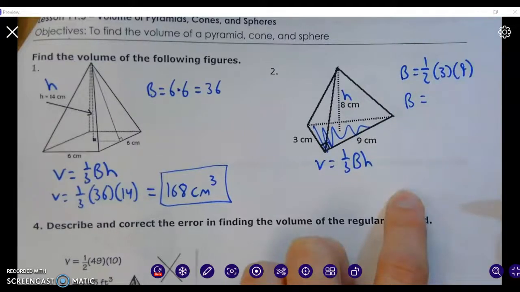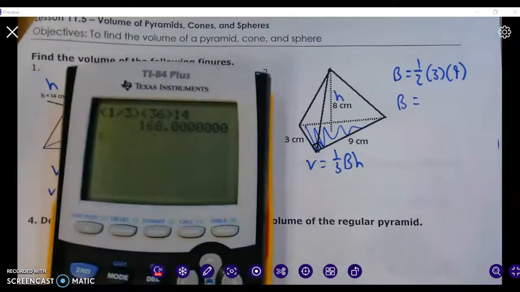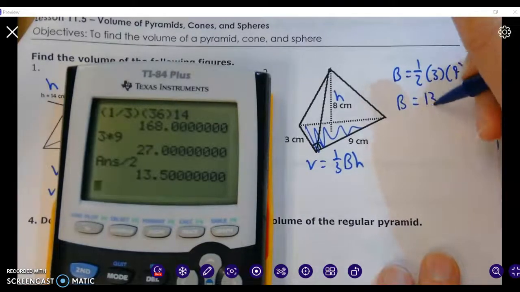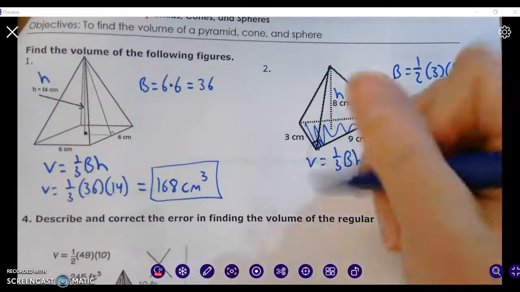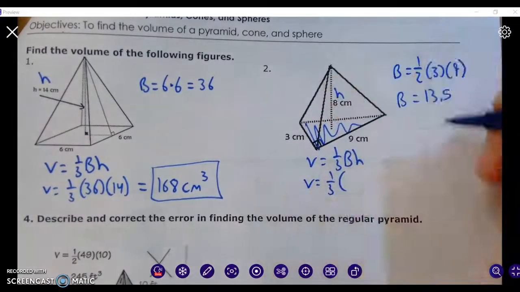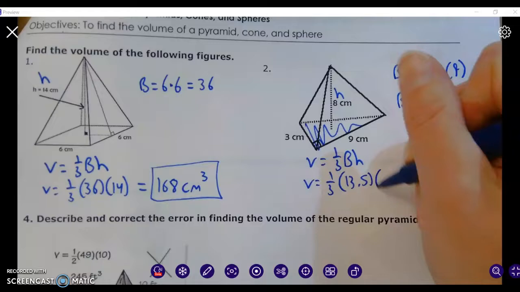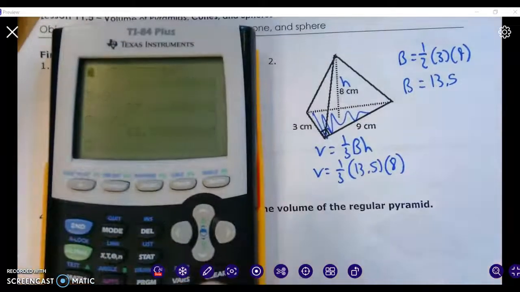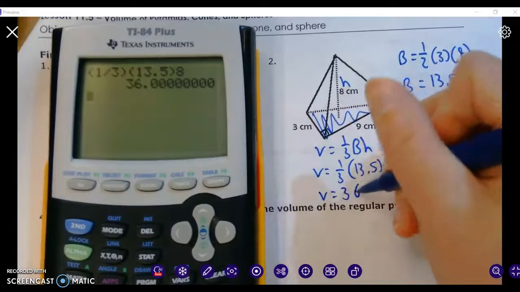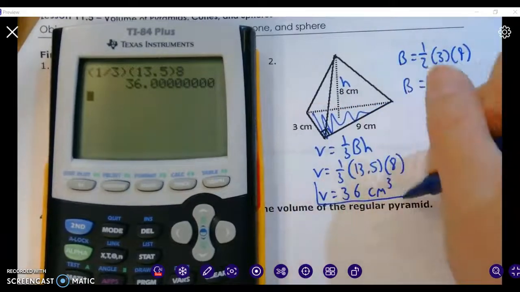So that is going to be, let's see, 3 times 9 divided by 2 is 13.5 for our B. Okay, and then we plug our two numbers into our formula, and then type that in your calculator. So our volume is 36 centimeters cubed.